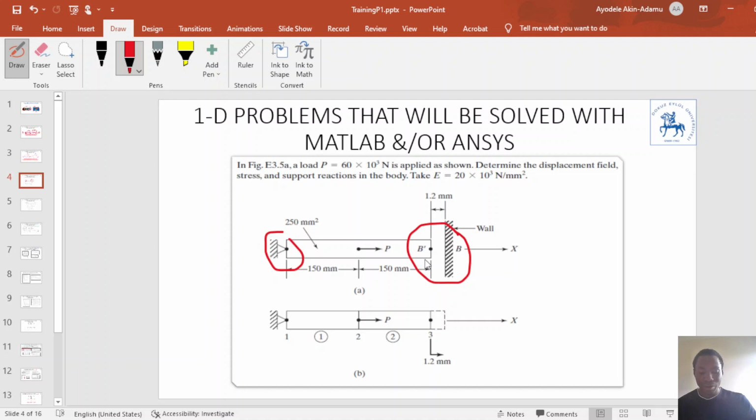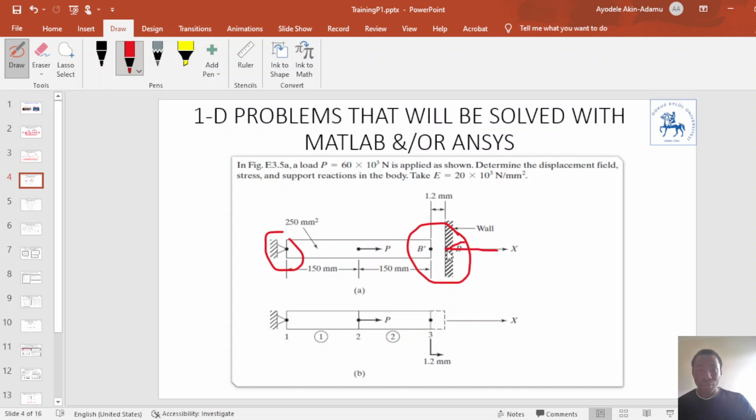So the applied load at the midspan of the bar will stretch the bar until node B just touches the wall.